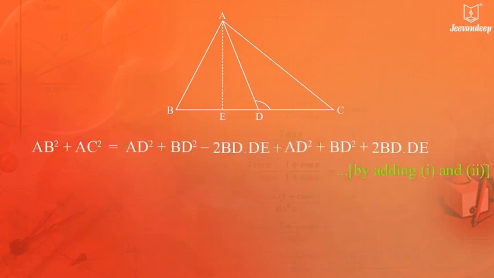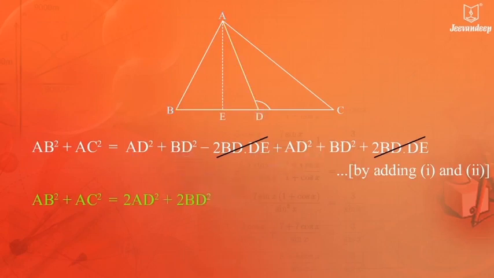By adding equations 1 and 2, we get AB square plus AC square equals 2AD square plus 2BD square. Thus proved.